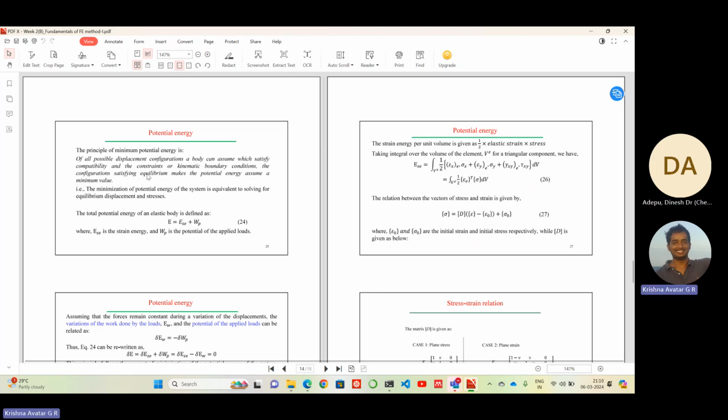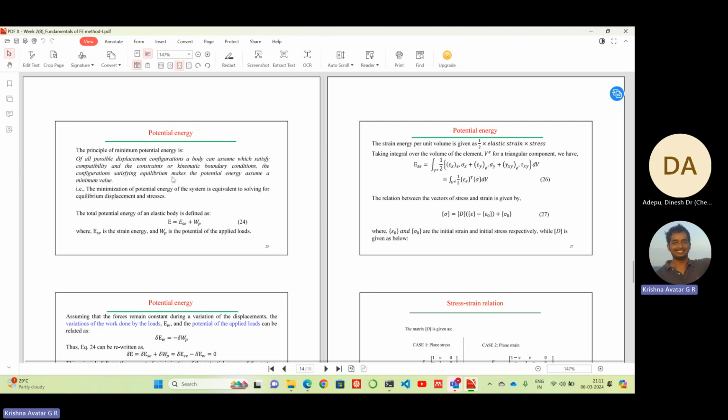So a body will assume that particular configuration which makes the potential energy the minimum, while at the same time satisfying the equilibrium equations, the compatibility equations and all the boundary conditions. So the minimization of potential energy gives us the equilibrium equations.